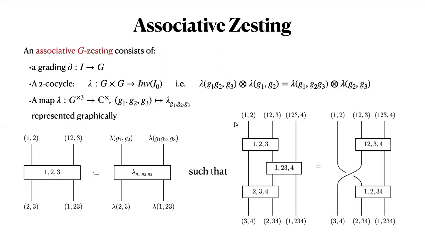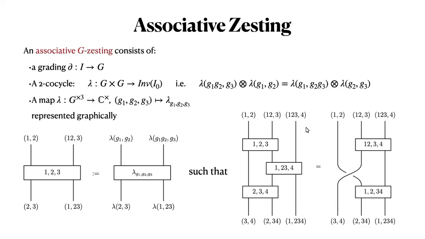So you have parentheses here, you apply this scalar, then you move the parentheses, apply this scalar, then move the parentheses again, apply this scalar. This should be the same as moving the parentheses, applying this scalar, applying the braiding here, moving the parentheses, and so on. But at the end, this is just an equation that you can put in terms of numbers associated with 4 elements in your group.